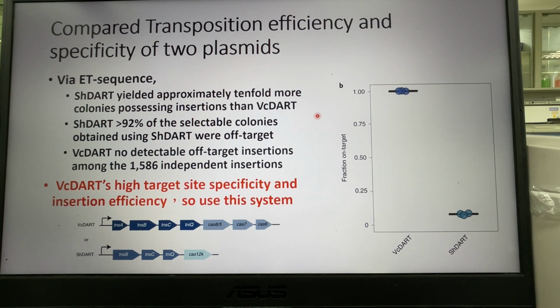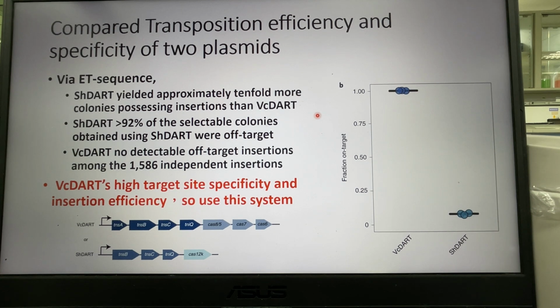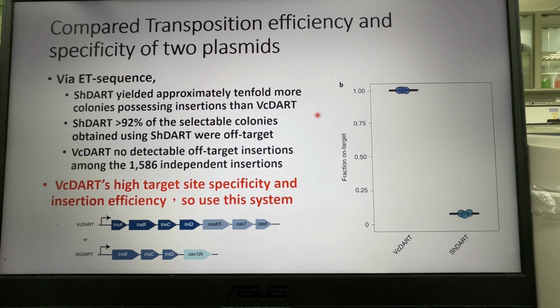So although the SH DART system has very high efficiency, its specificity is very low. So here the authors chose VC DART as their CRISPR system.